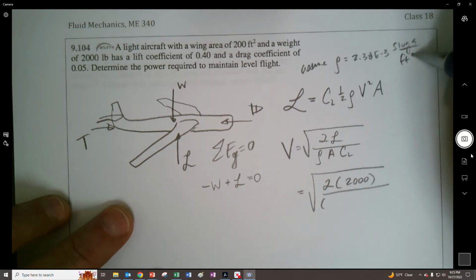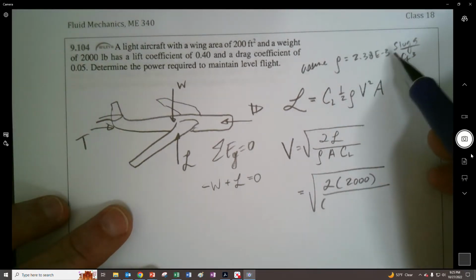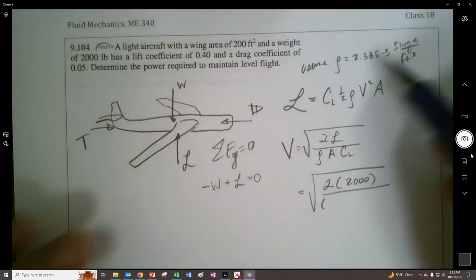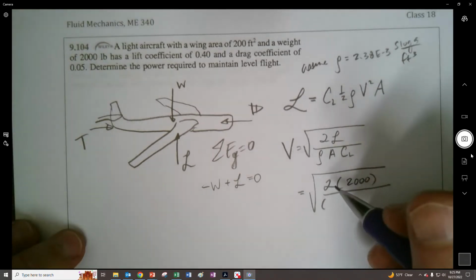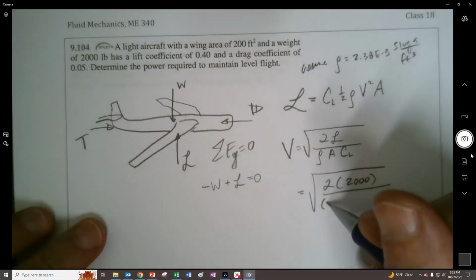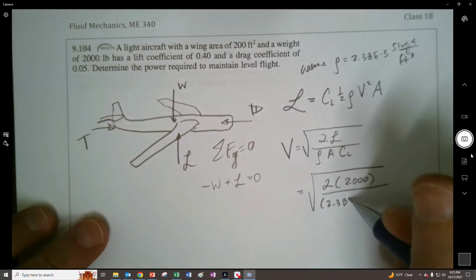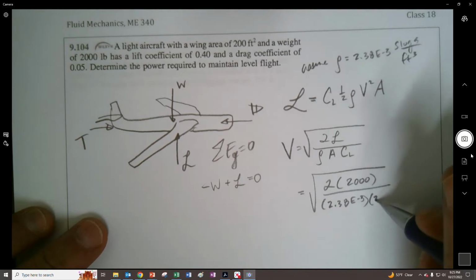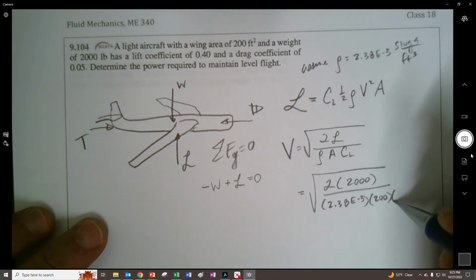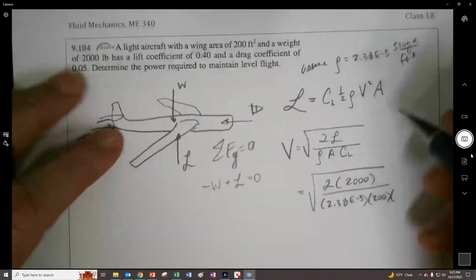Now, airplanes fly up high and the air gets thinner as you go up higher, so for most cases we might tell you what an altitude is, but because we weren't told the altitude, we'll go ahead and use the standard atmosphere at ground level. The area is 200 square feet, and then the lift coefficient is 0.4.